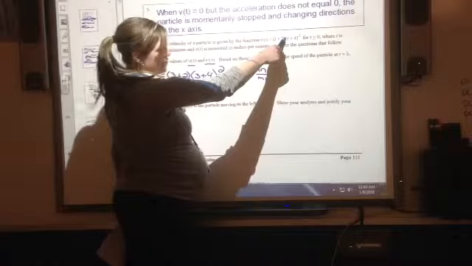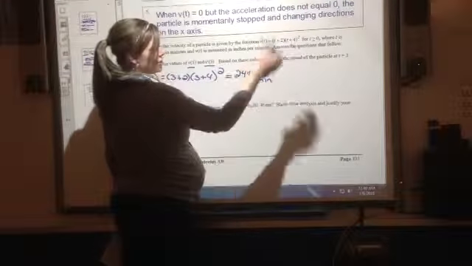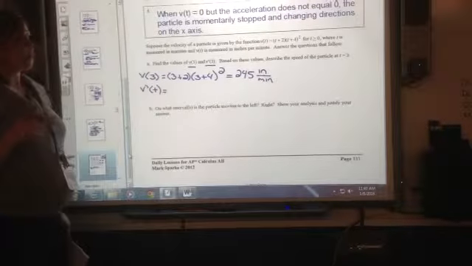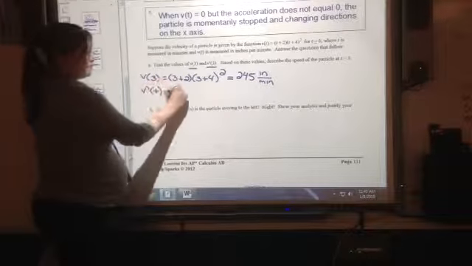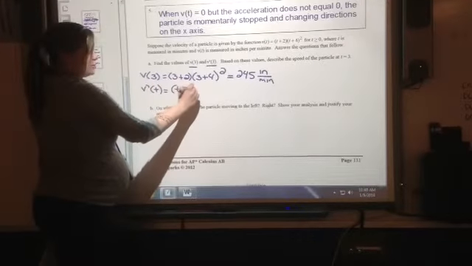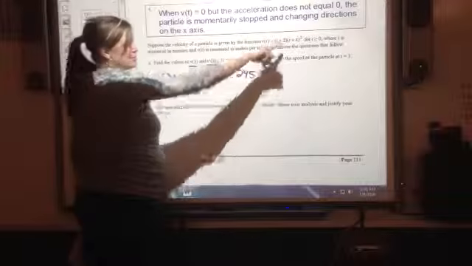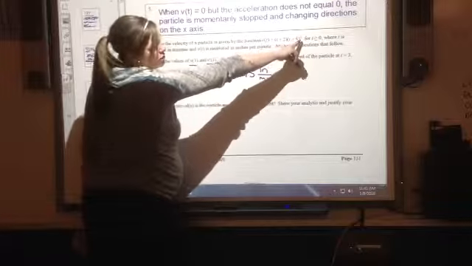A couple ways that you can find the derivative. You could take t plus 4 and square that and actually figure it out and then multiply that times t plus 2 and use the power rule, but ain't nobody got time for that, so I'm going to do the product rule. t plus 2 is the first quantity times the derivative of the second. But look, wow, it's a chain rule.